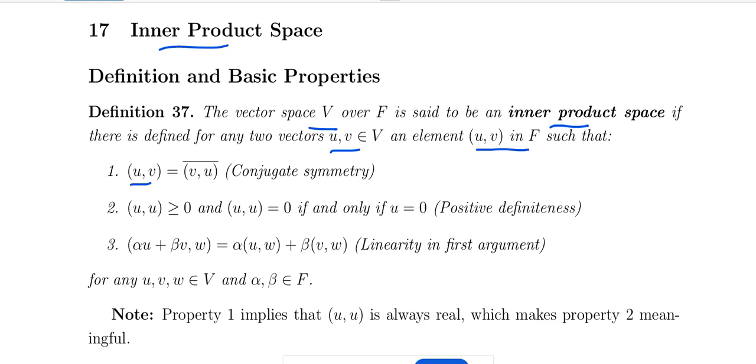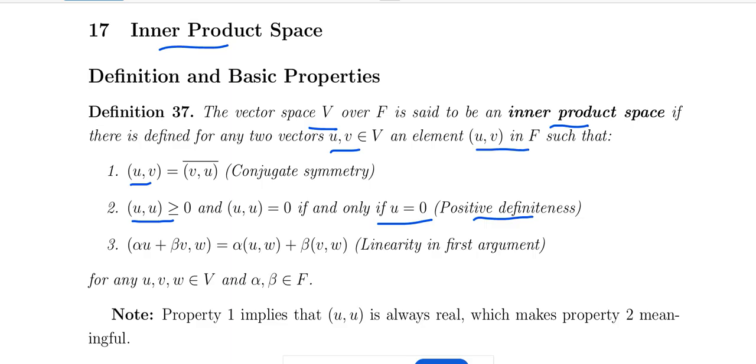And the inner product of (u, u) is always greater than or equal to 0, and if (u, u) equals 0, then u equals 0. That is called positive definiteness.